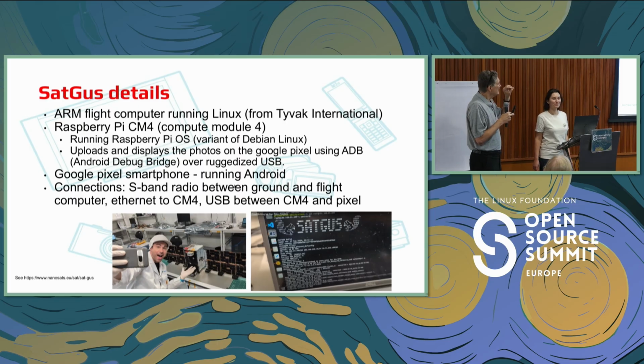So they have Raspberry Pi Compute Module 4 that's kind of driving the payload. And the payload in this case is their Pixel smartphone. They actually have 2 Pixel smartphones and 2 Raspberry Pis. So that's a total of 5 computers running Linux. And they're just using ADB to communicate between the Raspberry Pi and the Pixel smartphone with ruggedized USB.